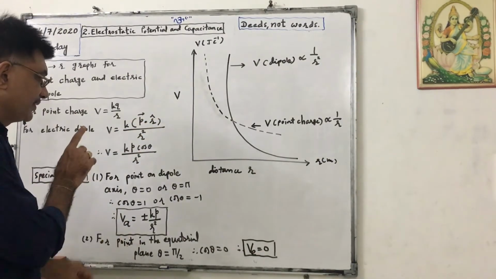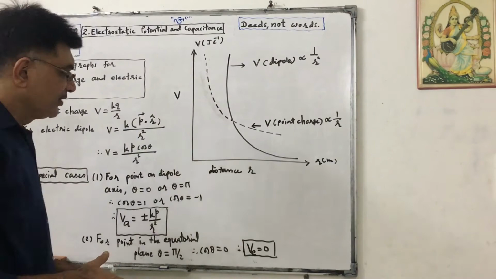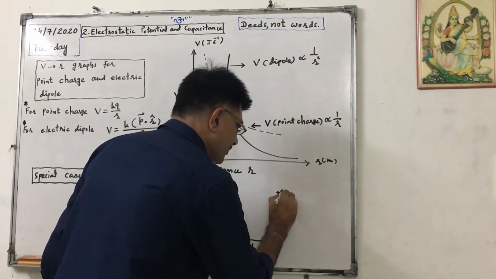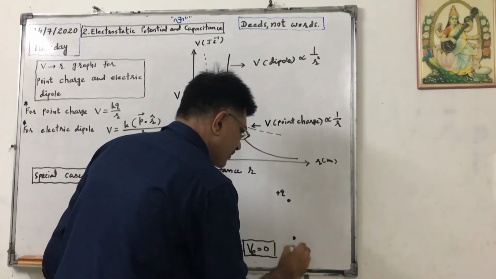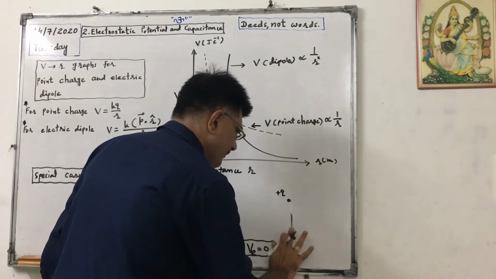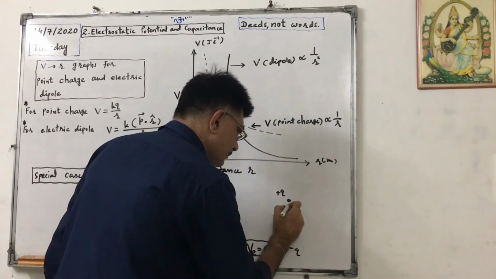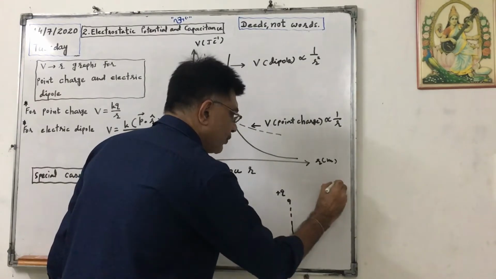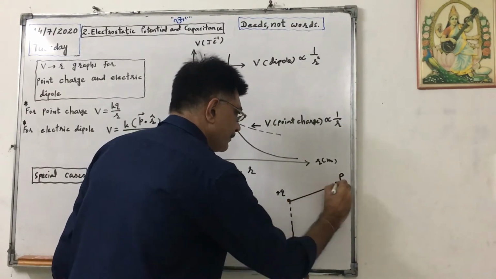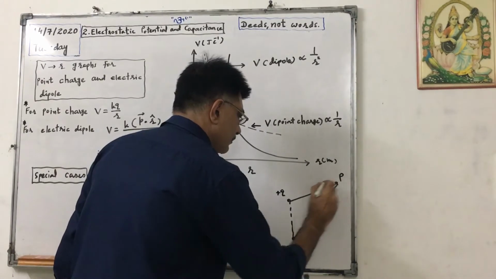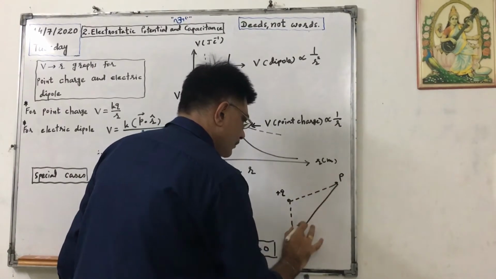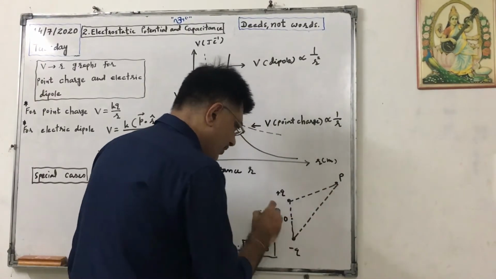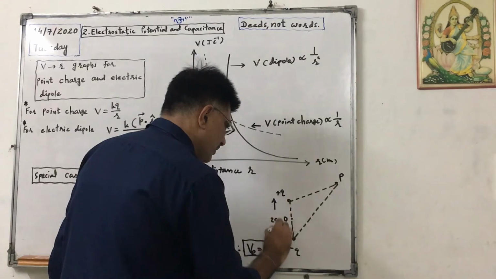We discussed this topic yesterday, but I can explain it like this. Suppose this is plus Q, this is minus Q. We have a point here, that is P. This is the midpoint of our electric dipole, having length 2a.